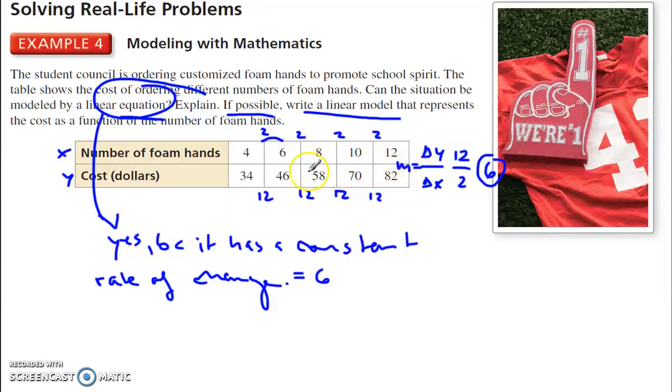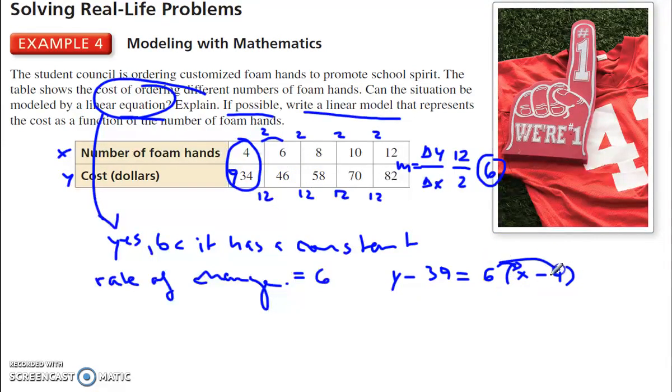And then we have all these ordered pairs, beautiful ordered pairs. We can pick whichever one we like. They're all evens, they're all positive, so we will pick that one. Point slope form: y minus, this is the y right here, 34, is equal to slope 6 times x minus, and this is my x value 4.